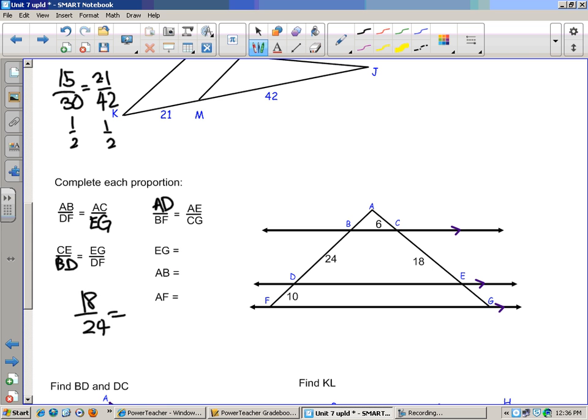Now I'm trying to set EG, so I'm going to call EG X, and it goes with the 18 side, right? And DF is 10, right? So I get 24X equals 180. Divide by 24, that's 7.5.